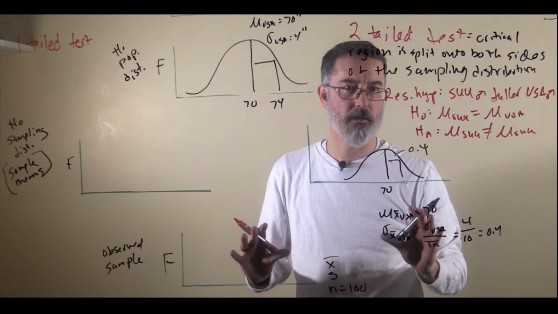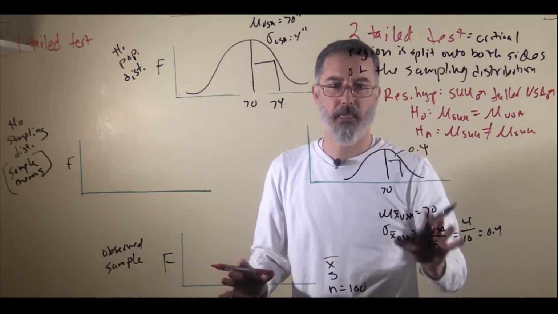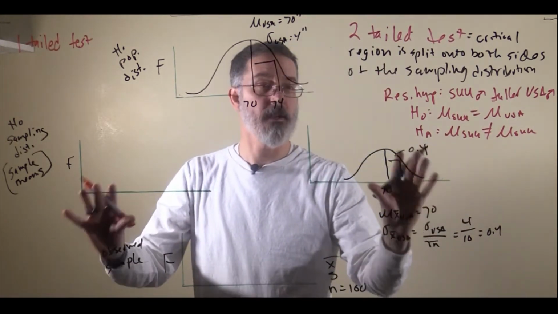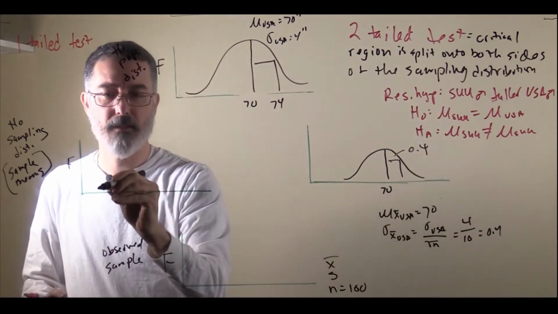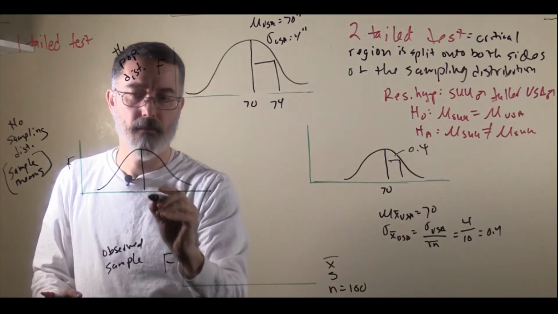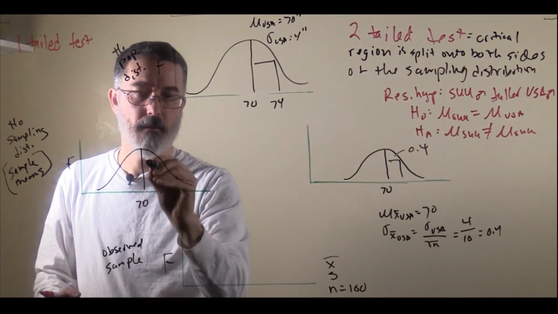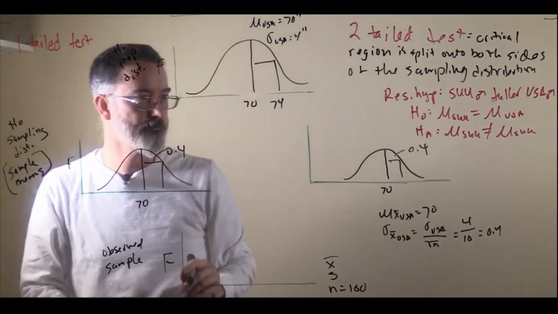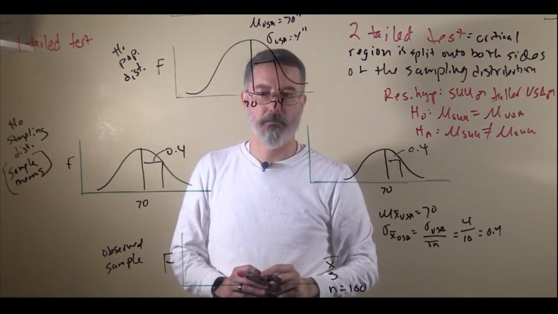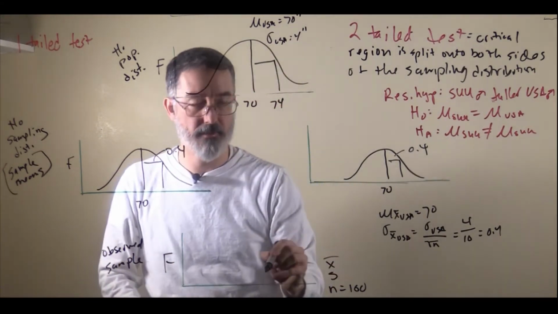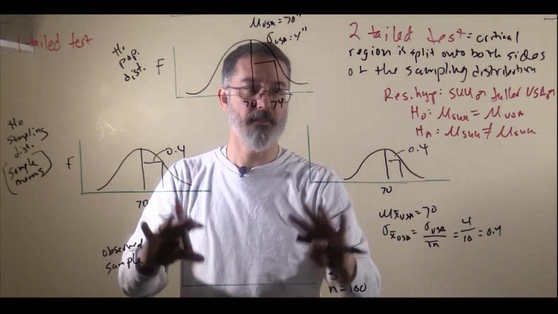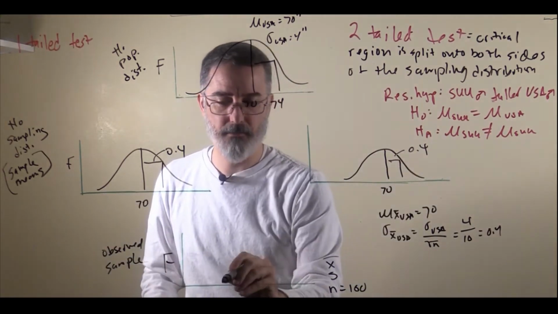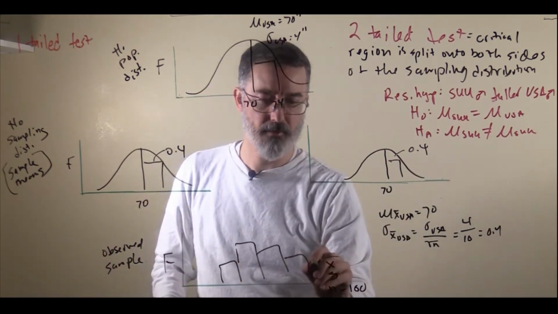Okay, so up to this point, the one-tailed and two-tailed tests are actually the same, so I'm just going to redraw the same information over here. Because the one-tailed test versus the two-tailed test doesn't influence what these distributions are like. And we got our sample distribution.